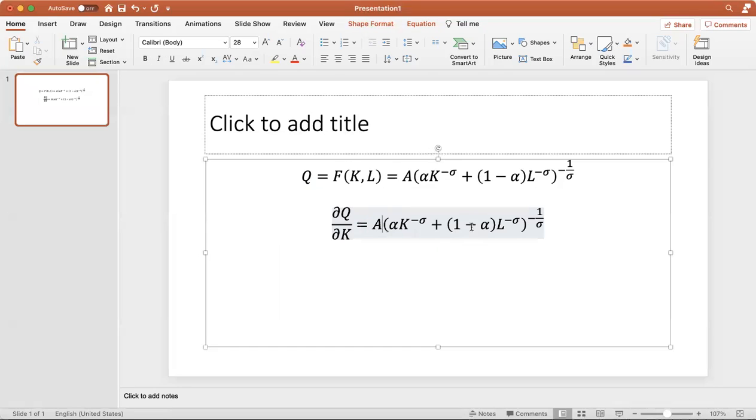That's supposed to be minus 1. Then you proceed to taking the derivative of the inner function.